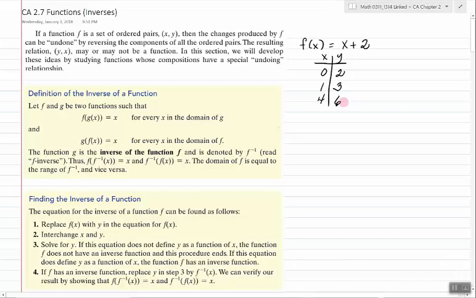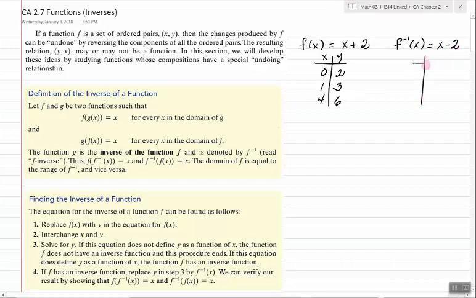There is something called an inverse, and I'm just going to go ahead and tell you that the inverse of this, which is denoted by f with a little -1, what looks like an exponent, but it is called f inverse of x, would be x minus 2.